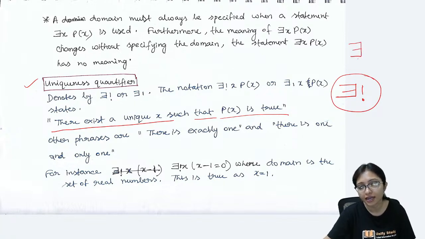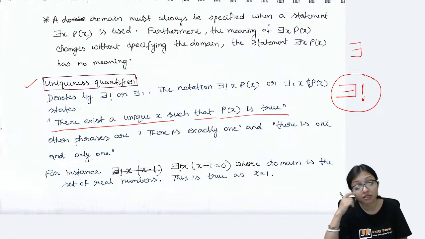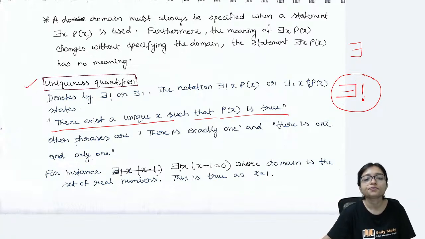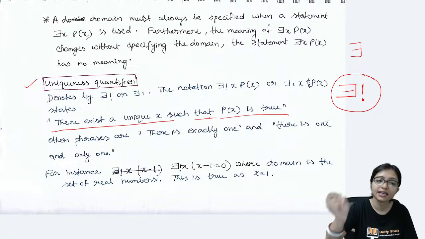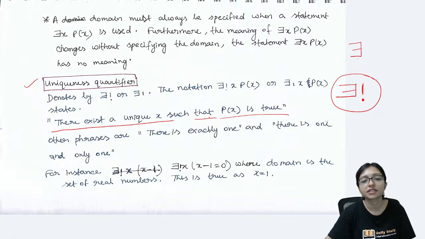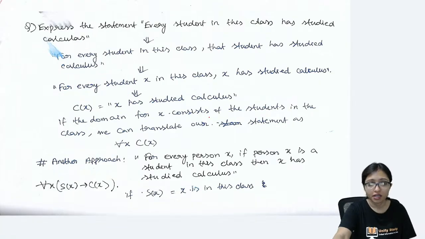It is only there exists, but when I am adding this exclamation symbol, then it will be uniqueness. Uniqueness means there exists exactly one element, then we can say it is unique. Okay, means only one element is there. One and only one element is there, that is called uniqueness.